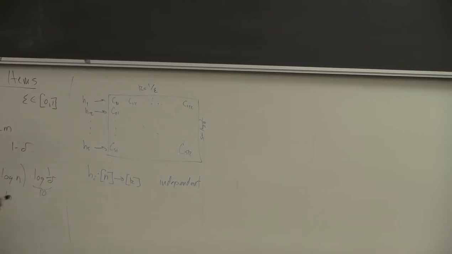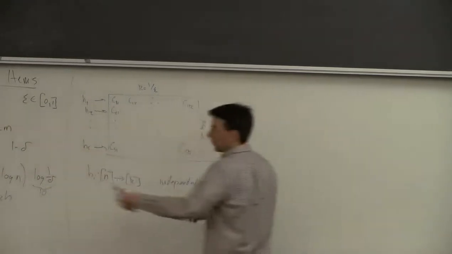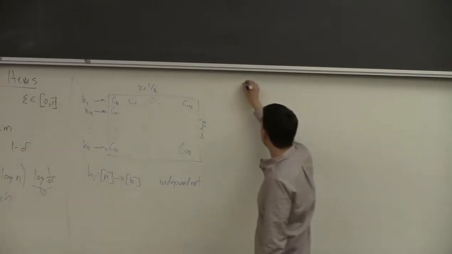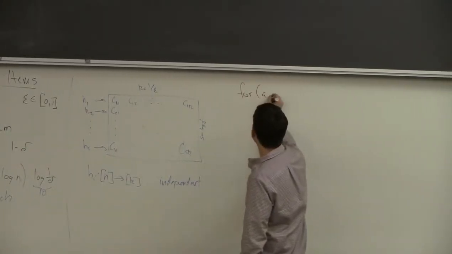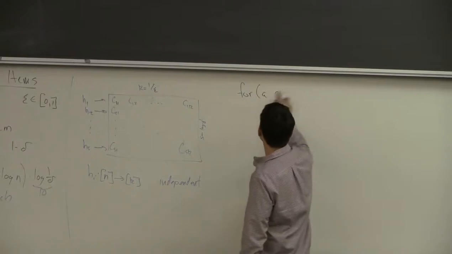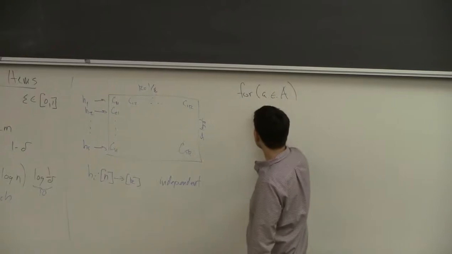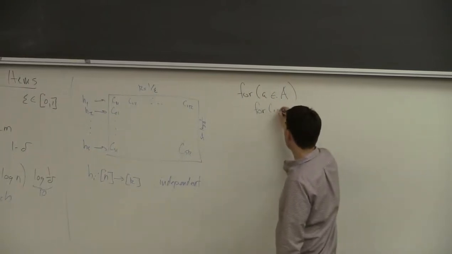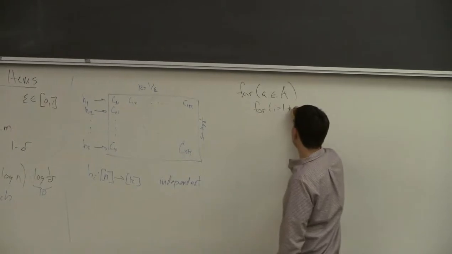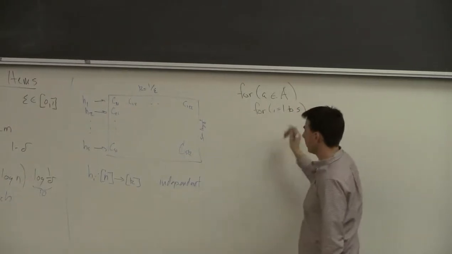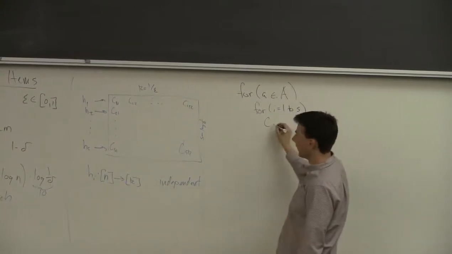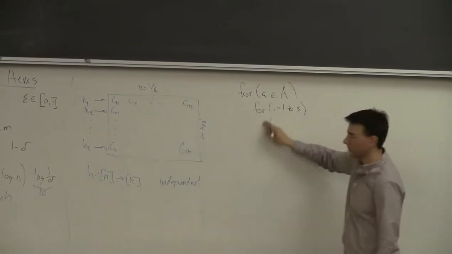Okay, so now the algorithm is going to be even simpler than before. I'm not going to have all these if statements. For each a, I'm going to do the counter, so I'm going to try and write this big.